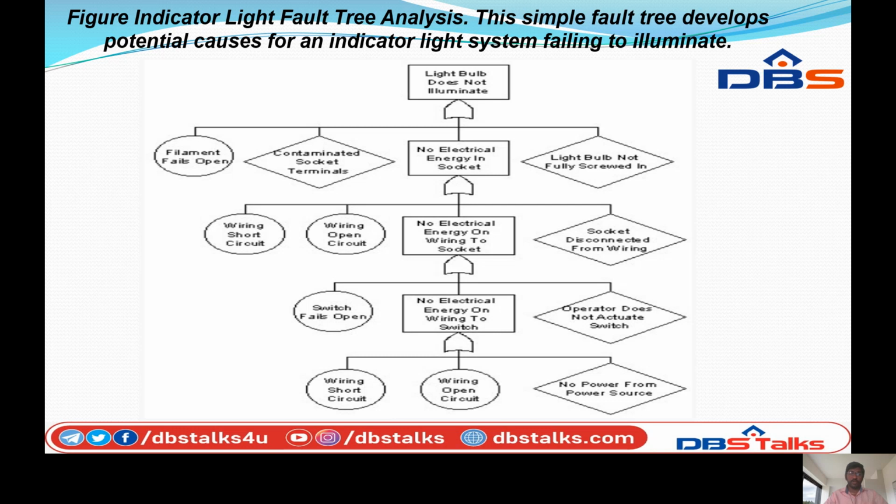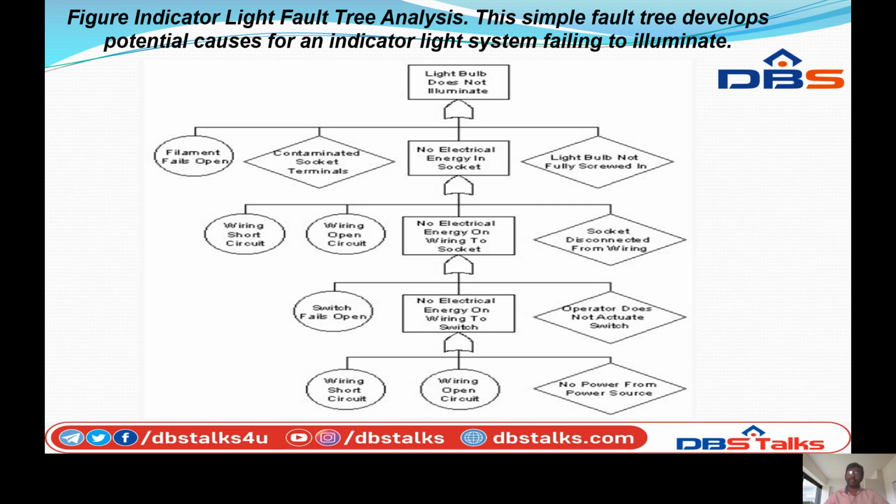So next step is no electrical energy on wiring to the socket. There is no electrical energy passing through the wire to the socket. So this is the second step we can identify the problem. Next, the last step, socket disconnected from wiring.